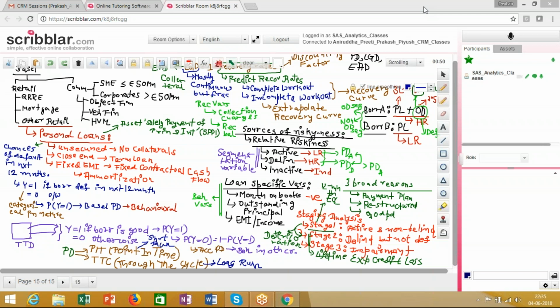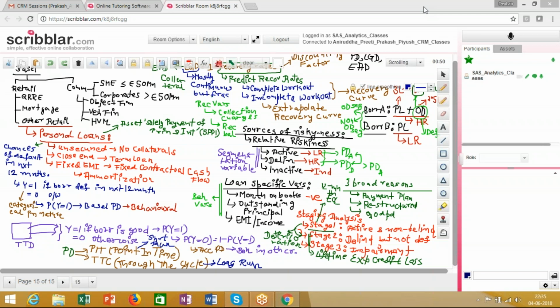So given the fact that, thinking about it from the BASEL perspective, I would always see that it is a long run. It's that kind of a long run PD, a PD which remains more or less constant over the years. So that is a long run PD. I mean, that's a through the cycle long run PD.